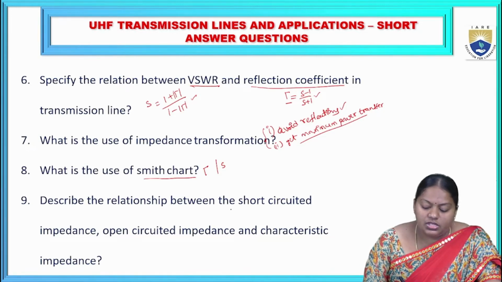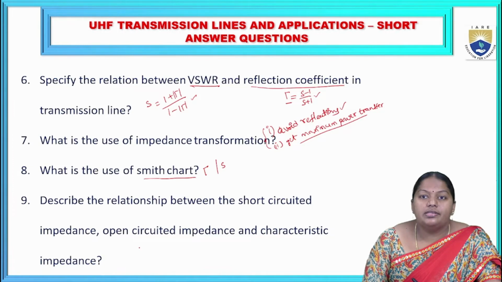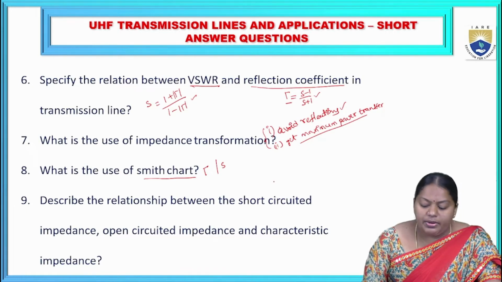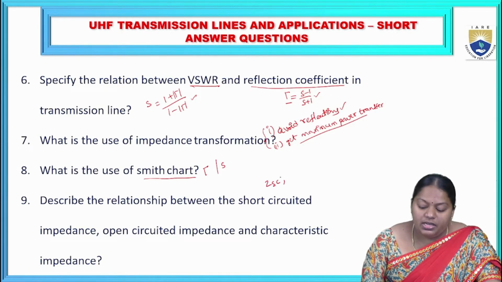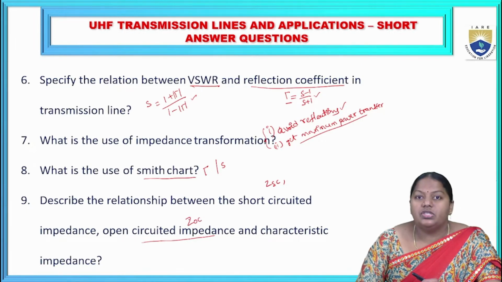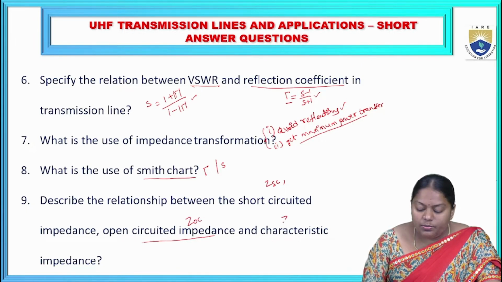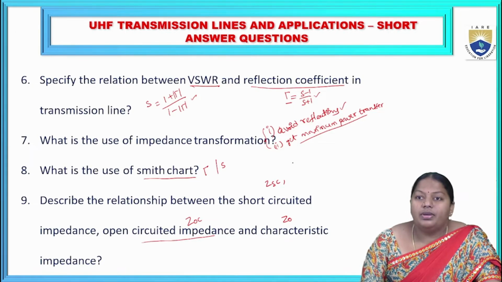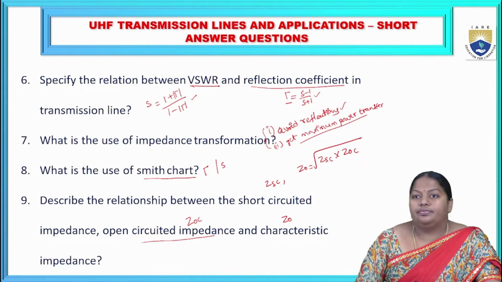Next, describe the relationship between the short circuited impedance, open circuited impedance and characteristic impedance. The short circuited impedance is generally denoted with ZSC, the open circuited impedance is represented with ZOC, and the characteristic impedance is given by Z0. The relation between the three can be written as Z0 equal to root over ZSC into ZOC.